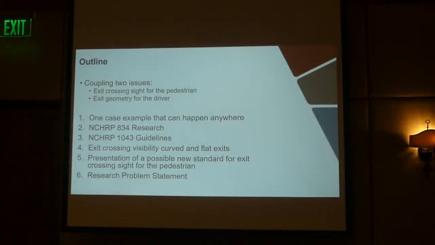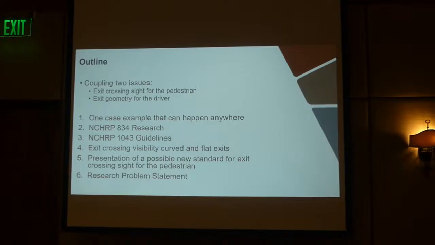All right, take two. So I'm going to talk to you a little bit about pedestrian sight distance at roundabout exits. We're going to talk about the coupling of two issues: exit crossing sight for the pedestrian and exit geometry for the driver. So a little outline, we're going to look at a case example that could happen anywhere.